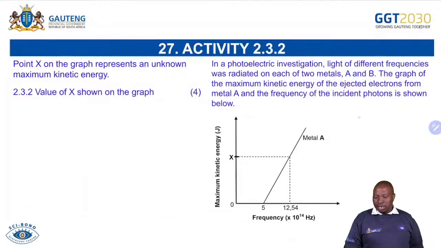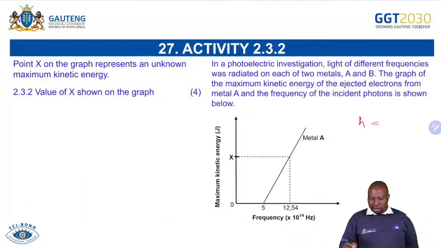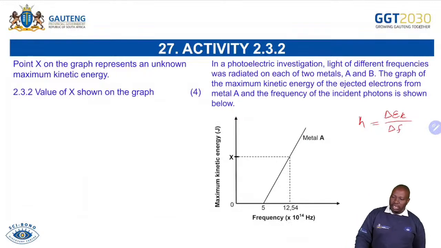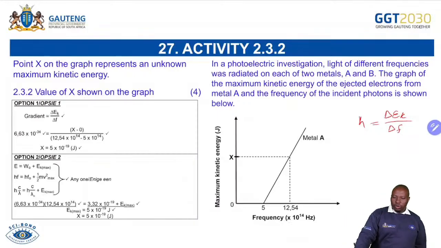Gradient we give as change in y over change in x, which in this case your gradient is h, which is Planck's constant, the change in y is change in EK, and your change in x is your change in frequency. So you're able to see that is the way to go, because you want to find the X there. You are given all that information. So I hope you went along those lines.